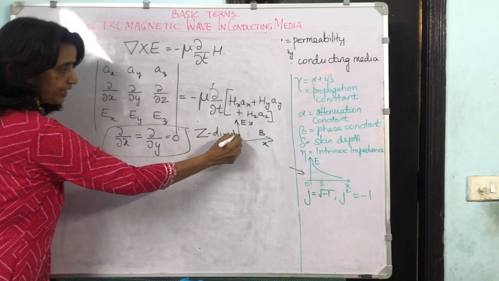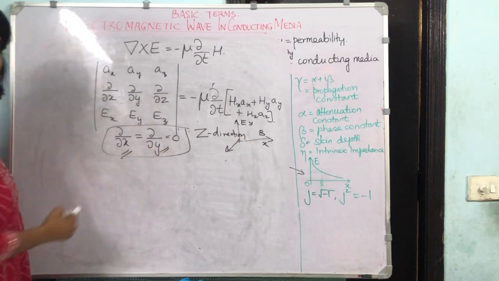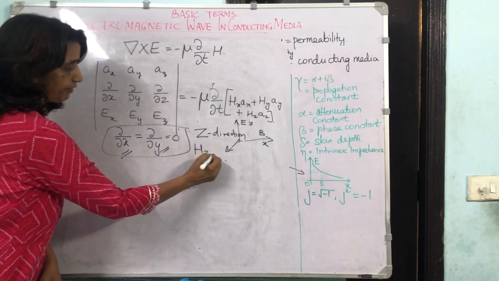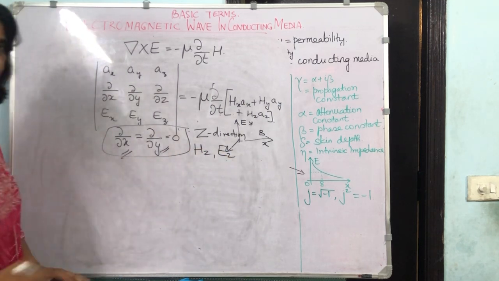That is why variations across X and Y are going to be 0, and in the Z component we will be left with HZ and EZ.